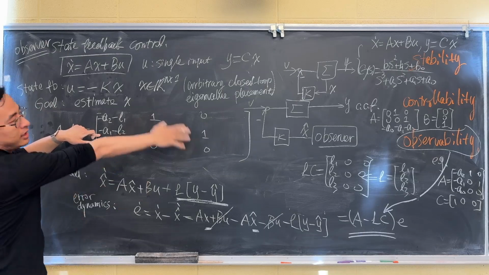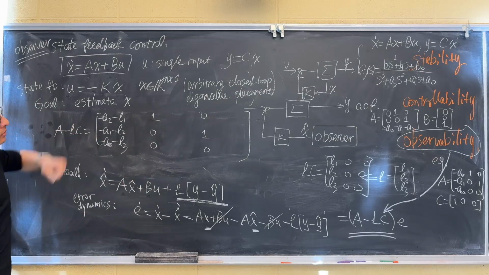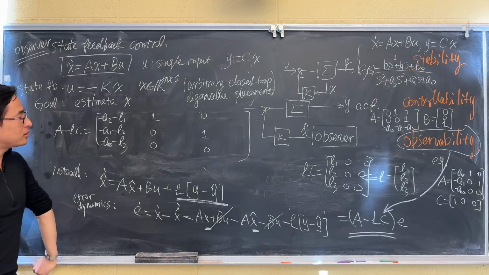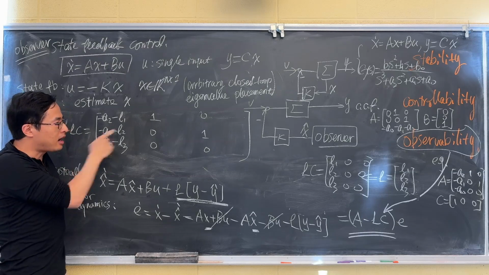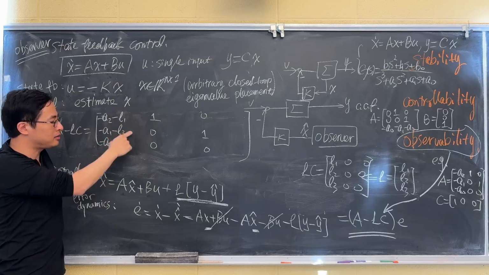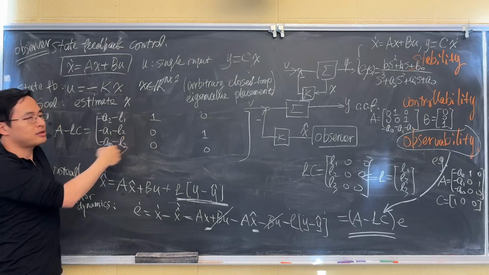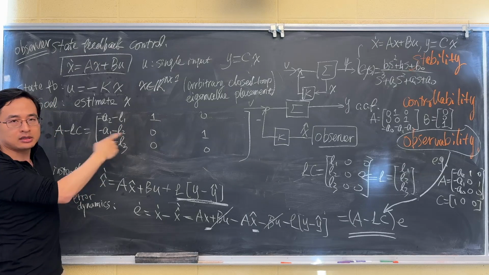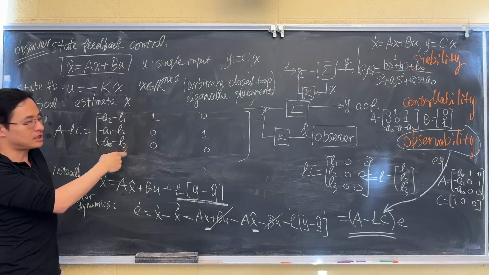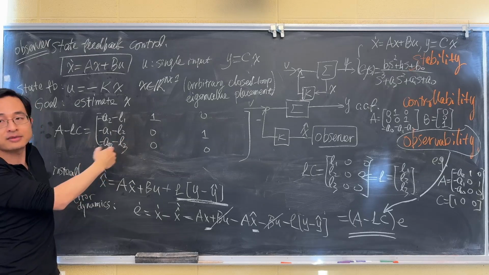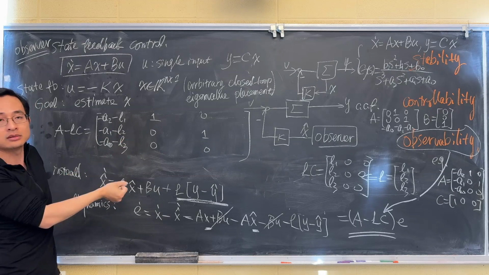And then it doesn't change the other columns. So what do you see? By choosing L1, L2, and L3, I can arbitrarily change all the coefficients in this new matrix. That means I can arbitrarily change the eigenvalues of this matrix.